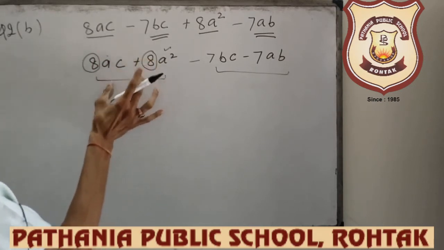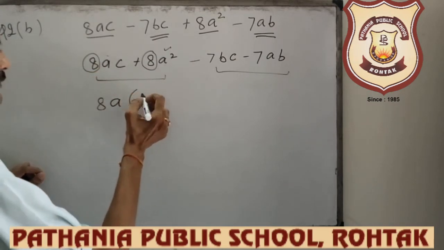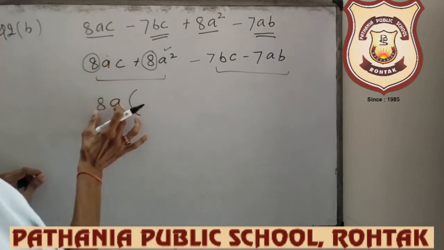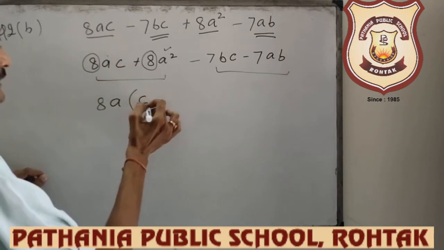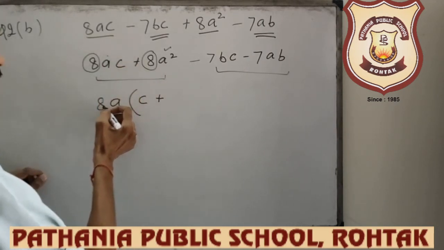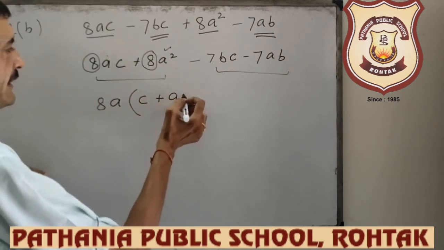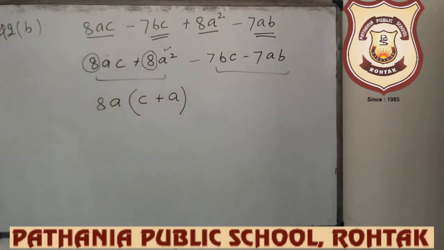Now divide both these by 8a. 8a से divide करेंगे तो 8 से 8 cancel, a से a cancel. तो what is left? 8a outside. What is left? C. And in this plus sign, now 8 is outside, out of a square a is outside, 1a is left because this is a square.